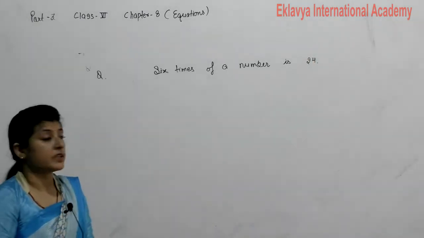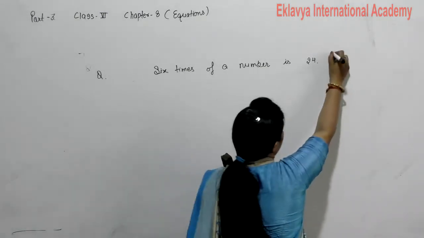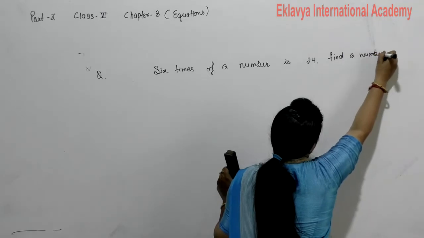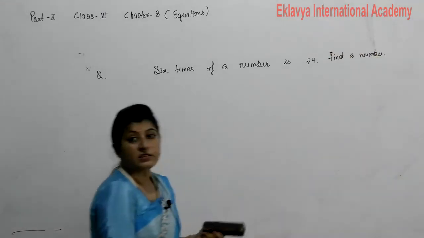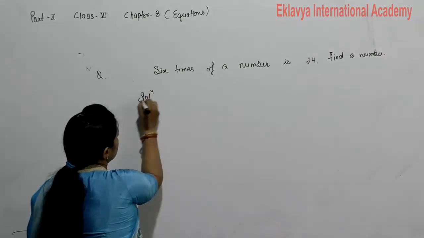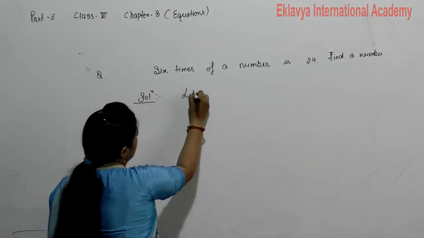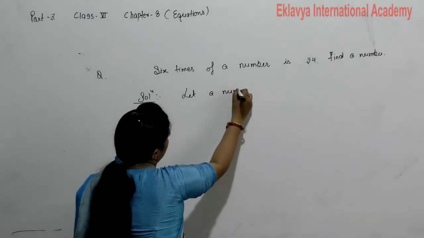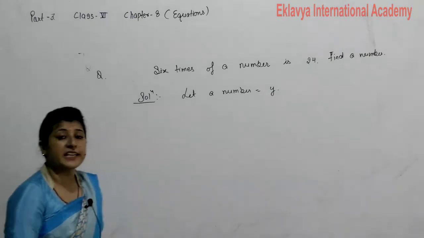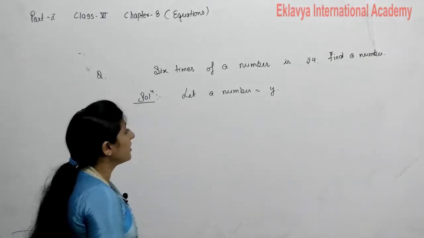Find the number. Your question is to find the number. Same thing, firstly in the solution we write: let a number is equal to, you can take anything else also, so I take here y. Let a number is equal to y.